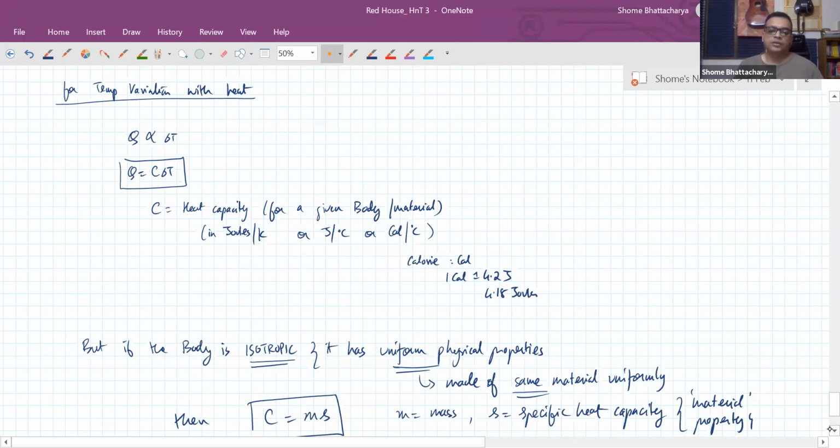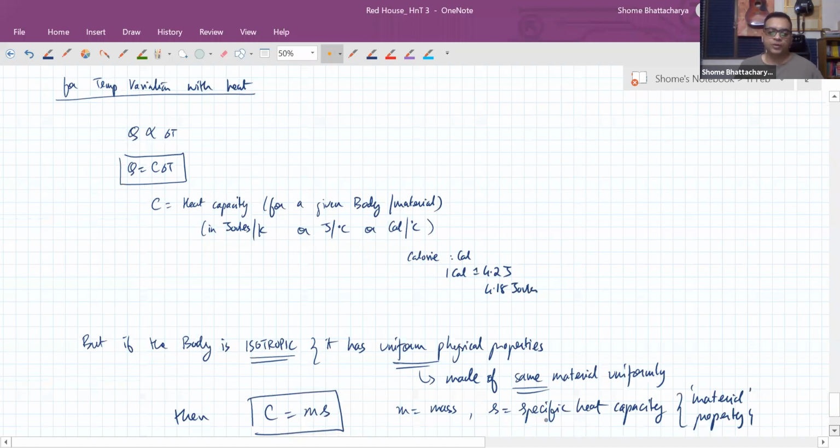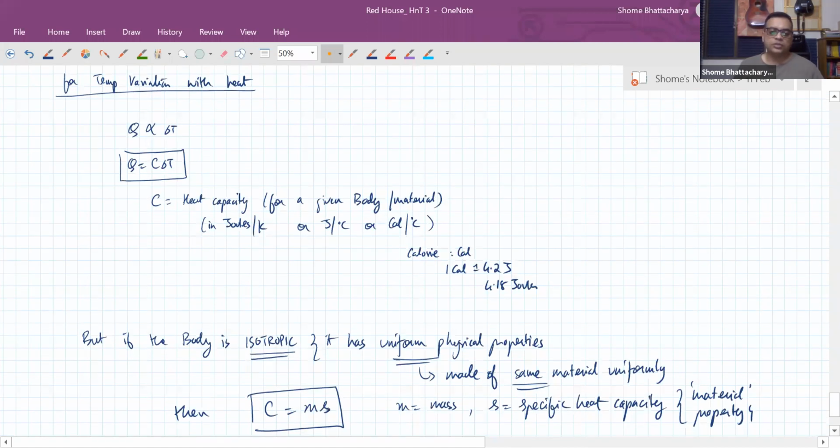So for a body or a material made of uniform properties, we can say that Q is equal to ms delta T, where m is its total mass, and S is the specific heat capacity.